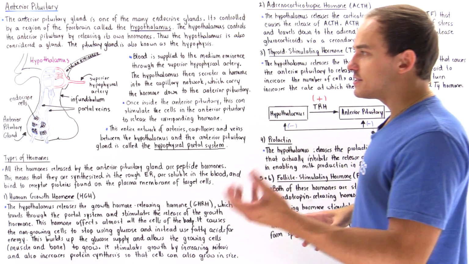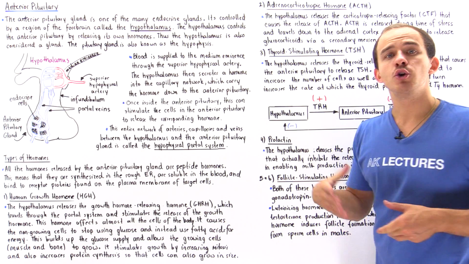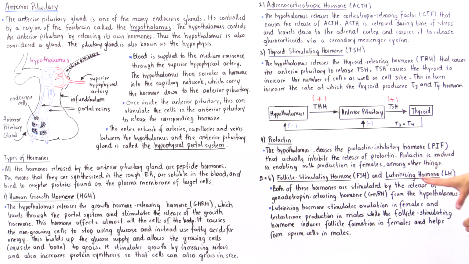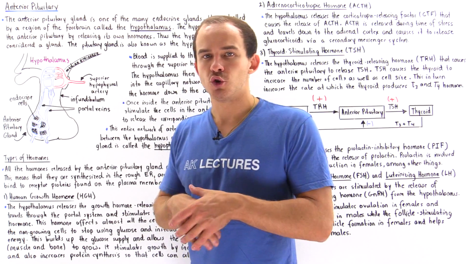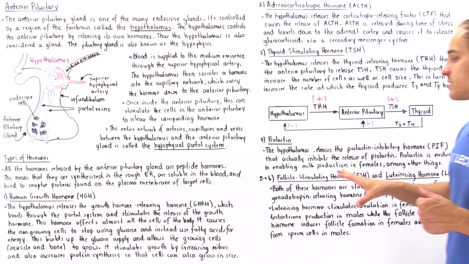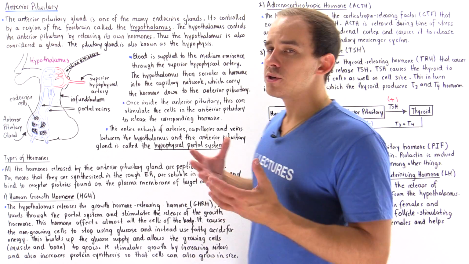Now, the fifth and the sixth hormone is the follicle-stimulating hormone and the luteinizing hormone. And both of these hormones are involved in the reproductive cycle of the human organism. And we'll discuss their roles in more detail when we discuss the reproduction cycle.